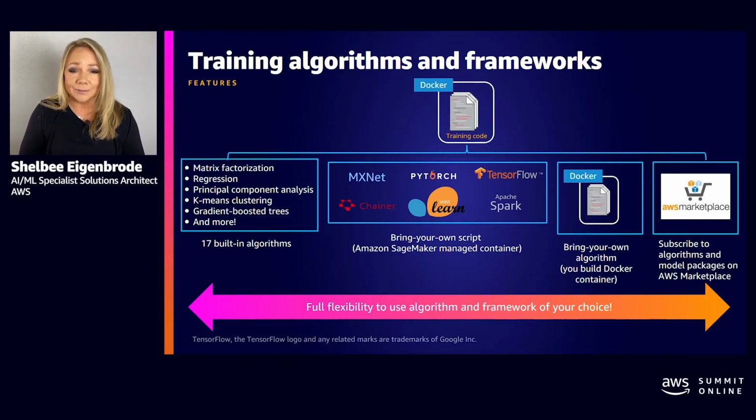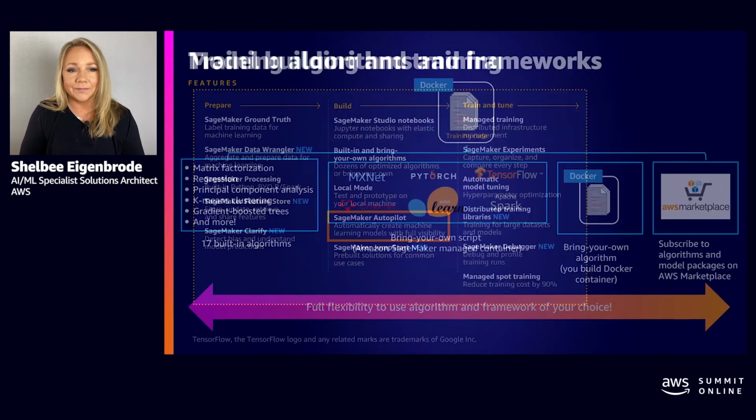With AWS Marketplace, you can browse and search from hundreds of machine learning algorithms and models in a broad range of categories, such as computer vision, natural language processing, or even use cases like fraud detection or predictive analysis. So with SageMaker, you have full flexibility to use the algorithm, libraries, and frameworks of your choice, which we find is really important to data scientists and machine learning developers.